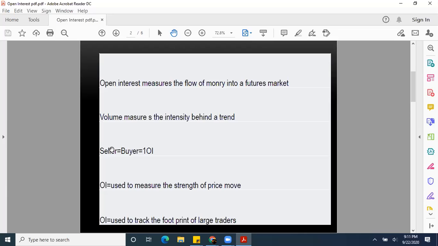How do we count open interest? Usually when we trade, depending on the theory, some theories say supply and demand, some use support and resistance, some use trend lines, channels, order blocks, breakers, whatever it is, we try to predict what price will do next.